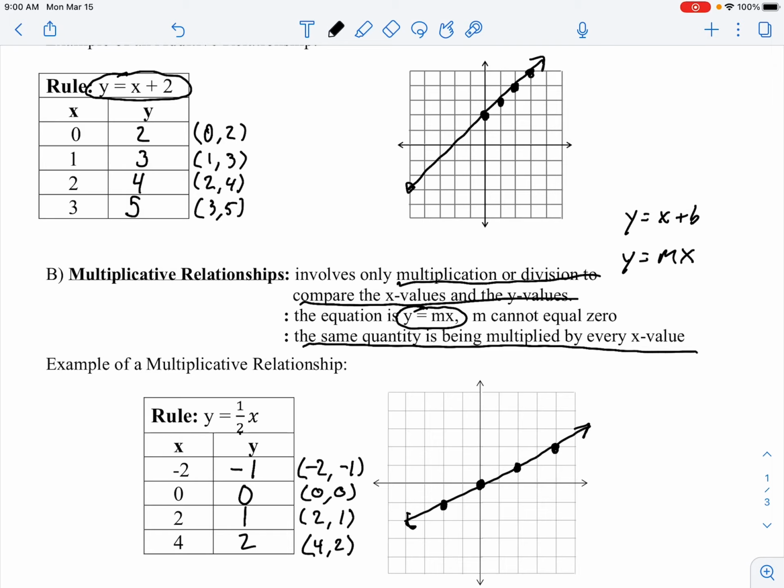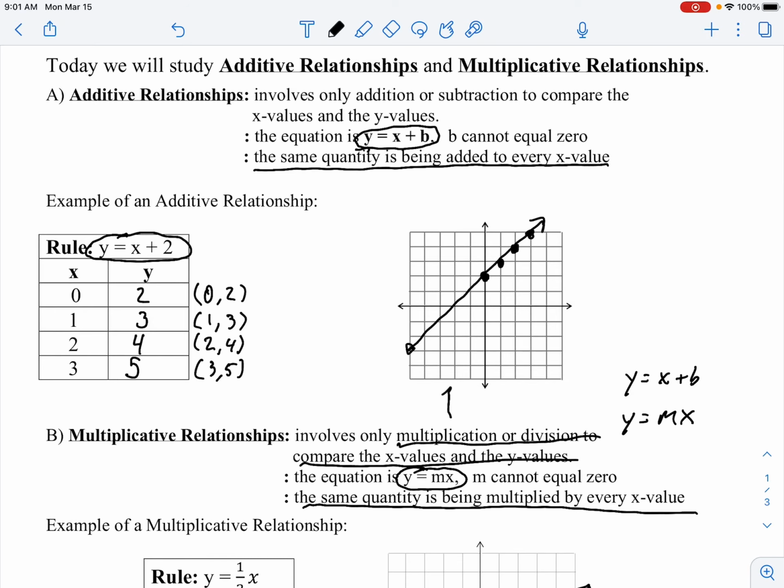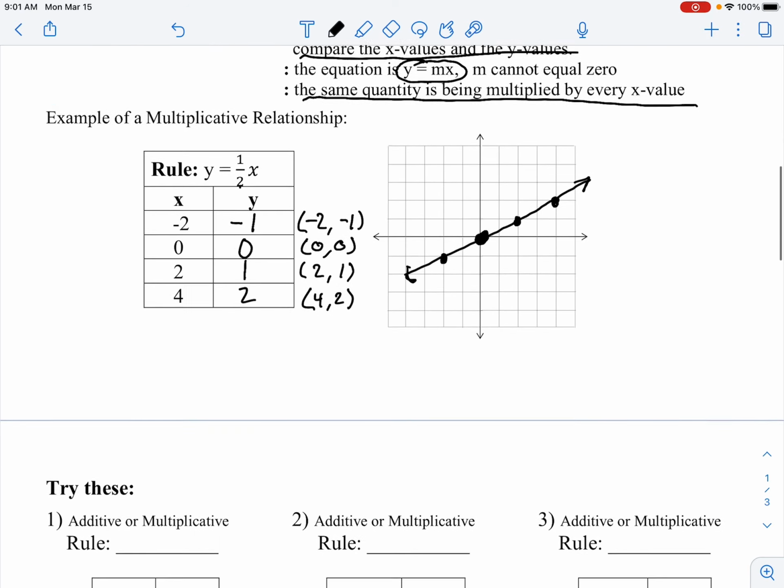The difference is multiplicative relationships are always going to go through the origin, and additive relationships will not. That's the key difference in how you can tell what's additive and what's multiplicative. If it goes through 0, 0, our origin, then it is multiplicative. If it does not go through our origin, such as up here, then it's additive.